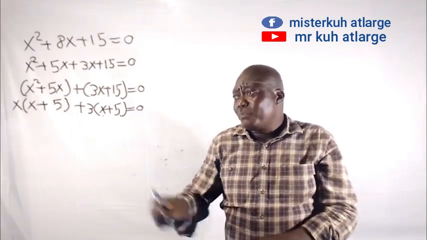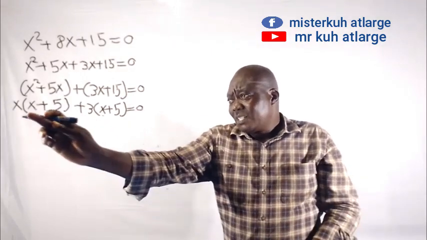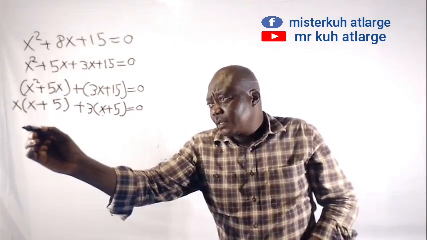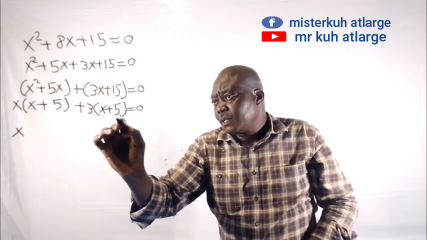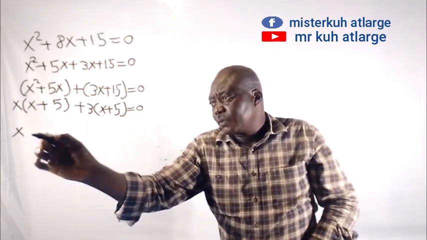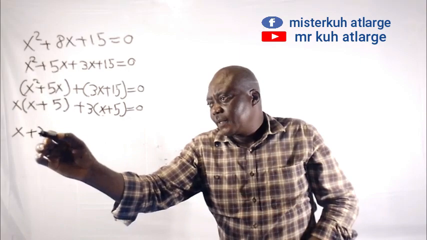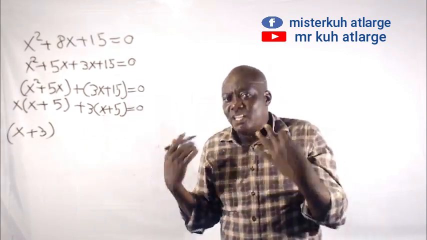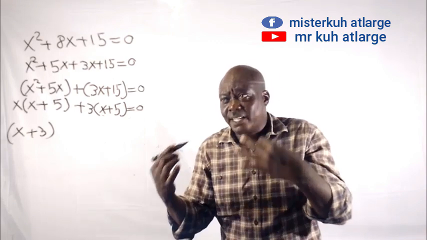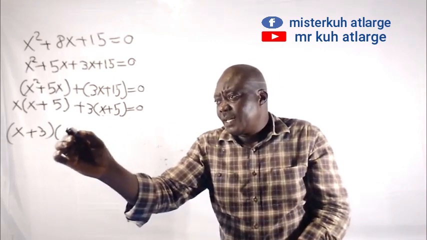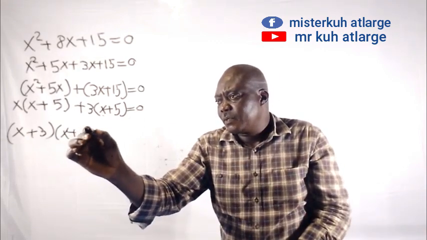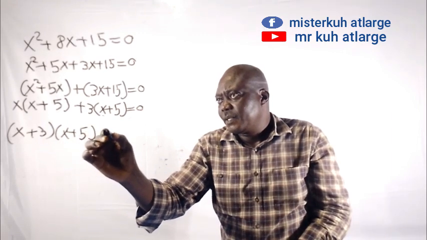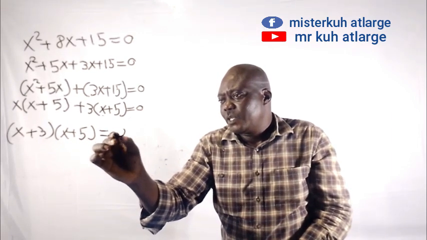So you pick the ones outside, which are x and plus 3, then you bracket them. Then you pick any of the brackets, so you have x plus 5 equals 0.